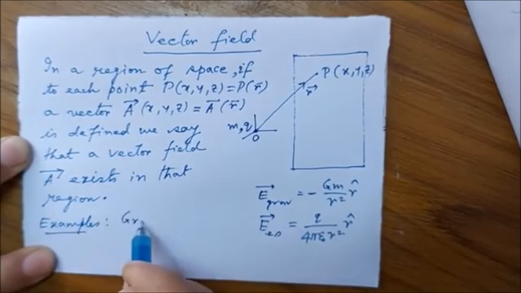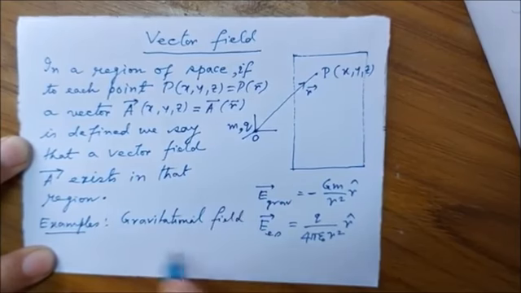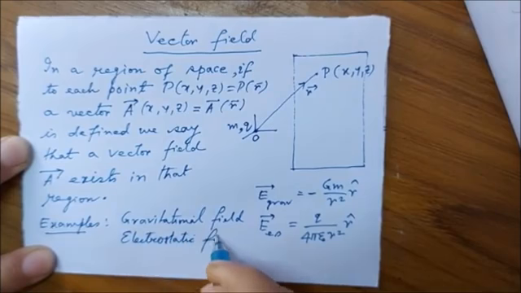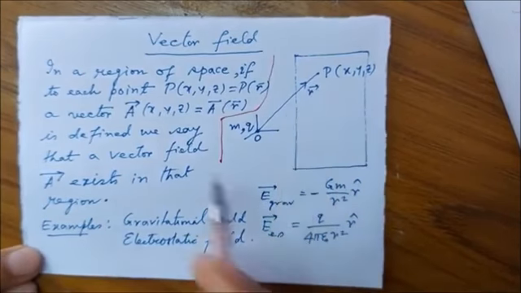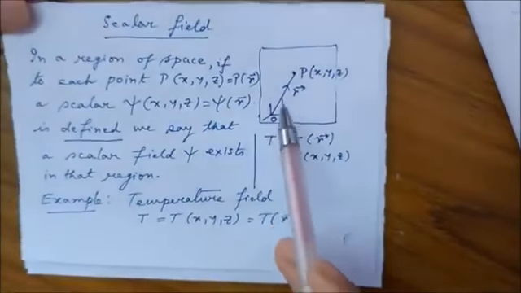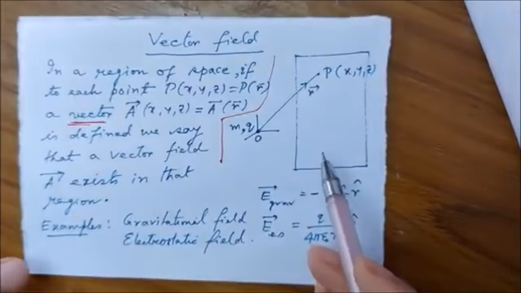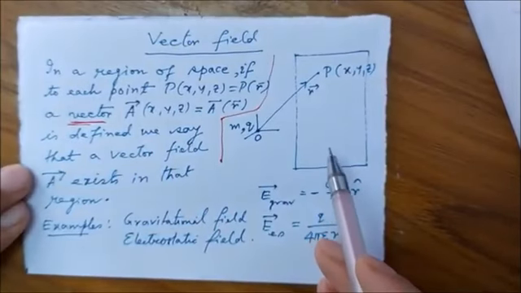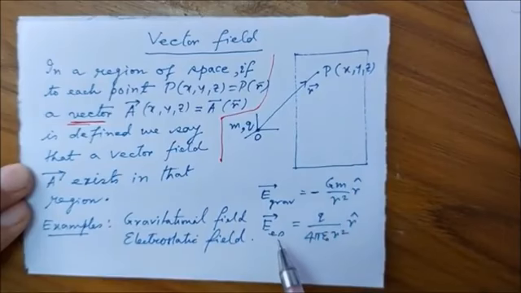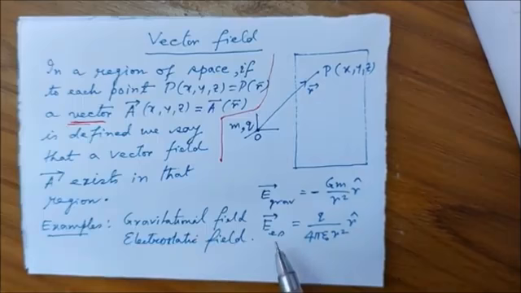The gravitational field, the electrostatic field, so this is a region where a vector is defined, hence it is a vector field. And in the previous case, this is a region where a scalar is defined. And in the same region, we might have a scalar field as well as a vector field, because in this region, apart from the electrostatic field, the electrostatic potential is also defined.